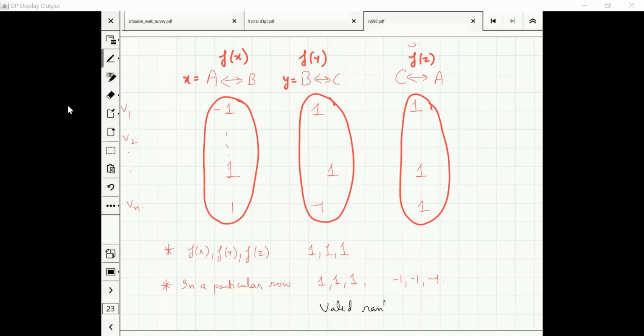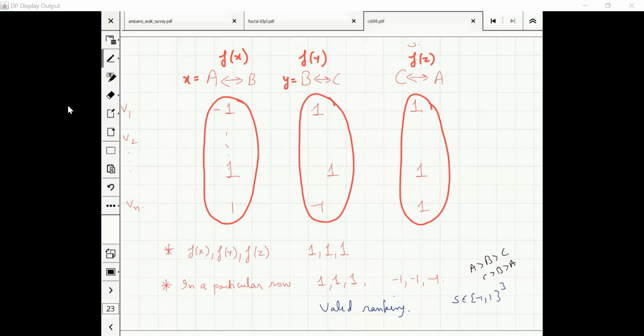Correct. What we have done is the voters had a ranking. They did not have a string from {-1, 1} to the power 3. Whenever you have three candidates, every voter will have a ranking, whether A greater than B greater than C, or C greater than B greater than A, something like that.